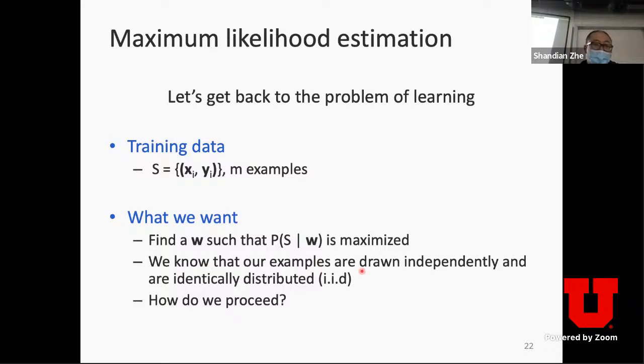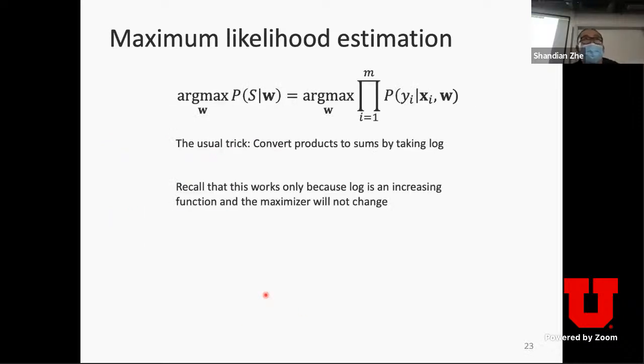We know our examples are drawn independently and identically distributed, so their joint likelihood is a product of their individual likelihoods. We maximize this product of the individual likelihood for each example, P of y_i given x_i and w.